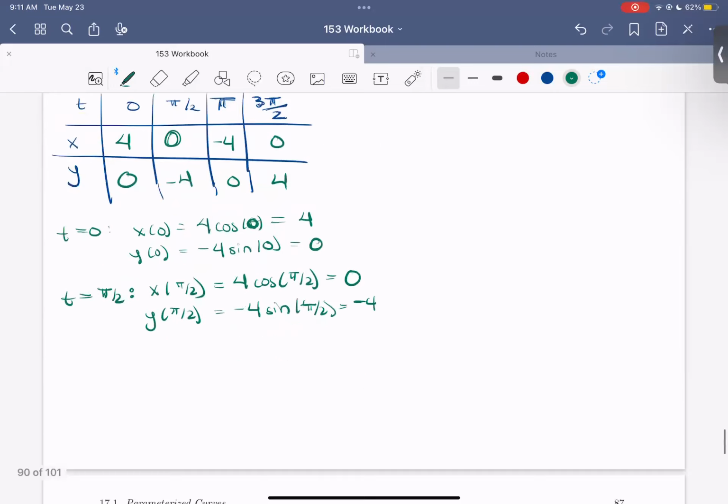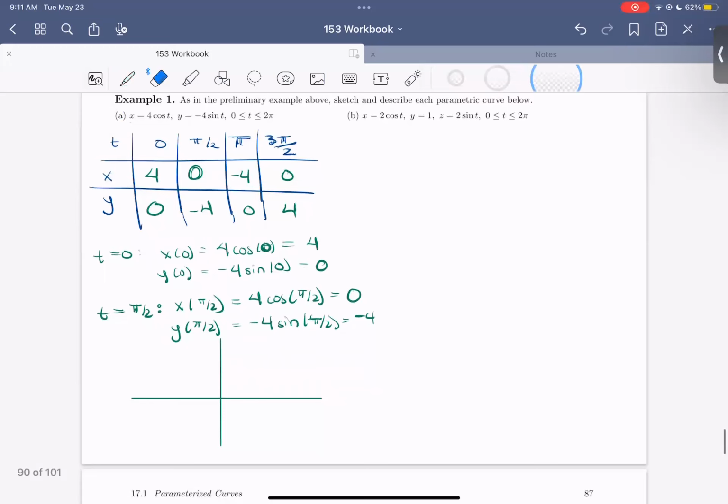Let's go ahead and draw a picture of what this looks like. I'm going to draw first a set of axes. My points occur at 0s and 4s, so I'm going to mark along here: 1, 2, 3, 4, 1, 2, 3, 4. My first point, 4, 0, is right here.